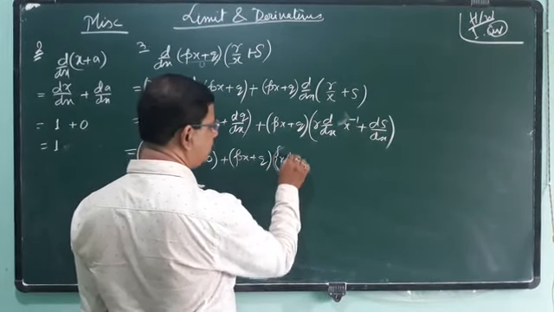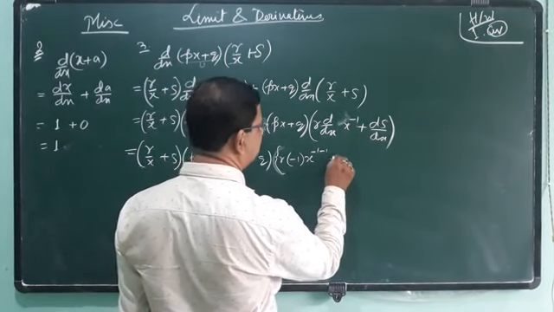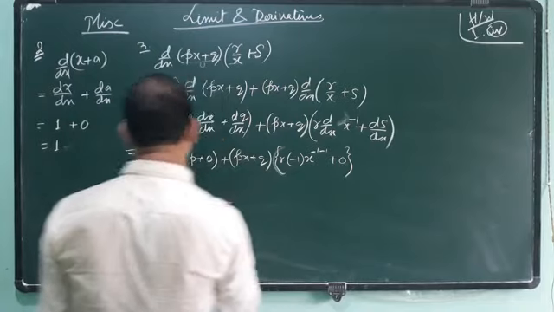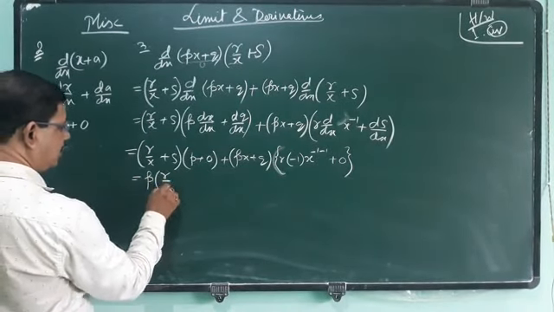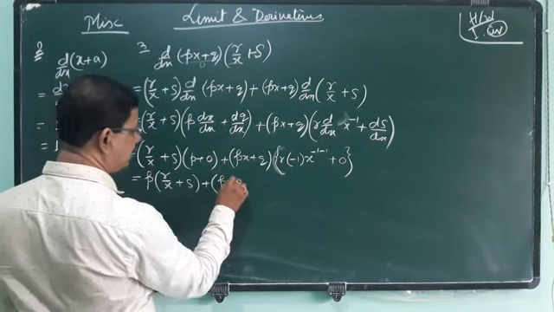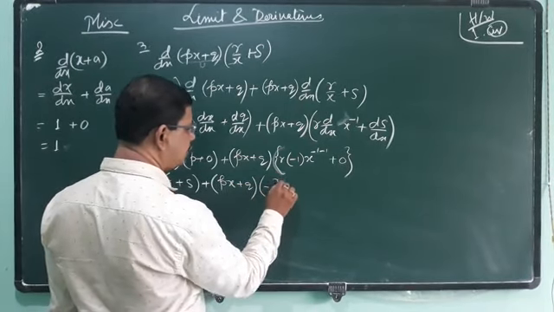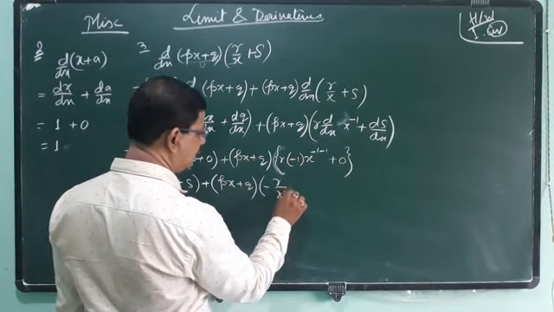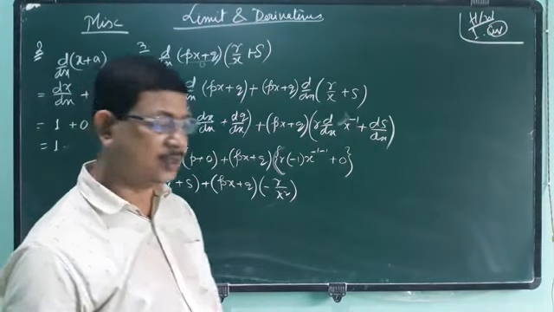Then we have to write minus 1 x to the power minus 1 minus 1, plus 0. p (r/x + s), (px + q). This will be minus r by x square. So this is our question number 3.